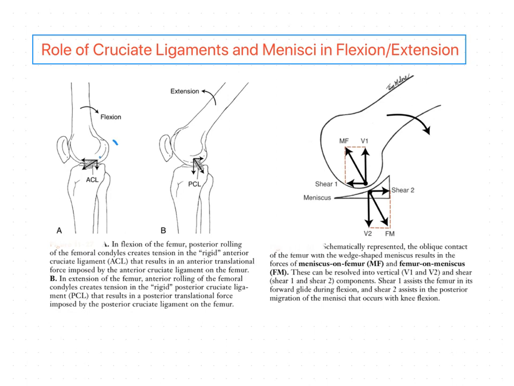So here in this movement, during the flexion, the femur is moving posteriorly, and the anterior cruciate ligament is going to be taut, which serves as a checking point to limit the movement.